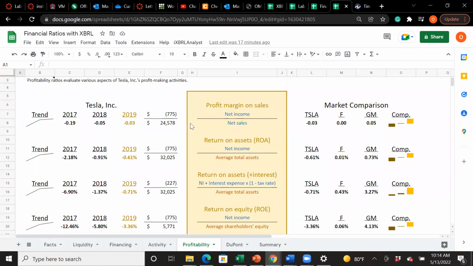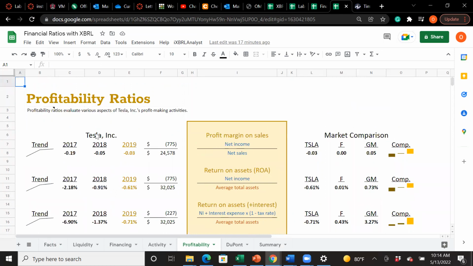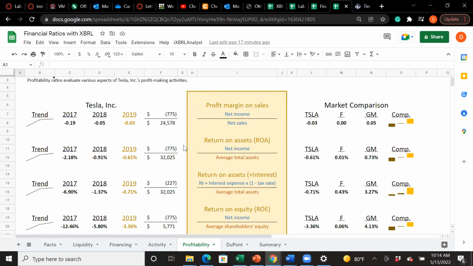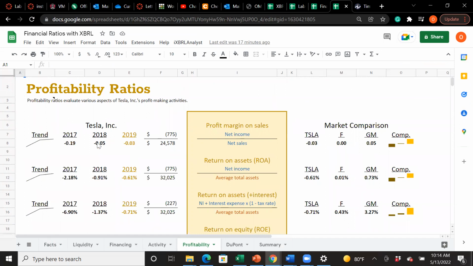So the ratios don't look as great for profitability, but I wouldn't really stress about it just because of their increase in just a short amount of time. And their profitability, I mean, the number of Teslas you see outside in the streets has drastically increased.